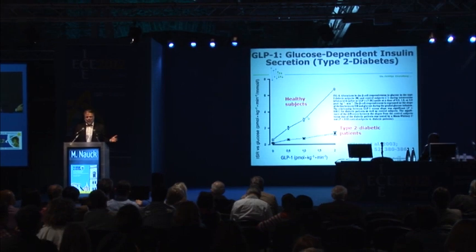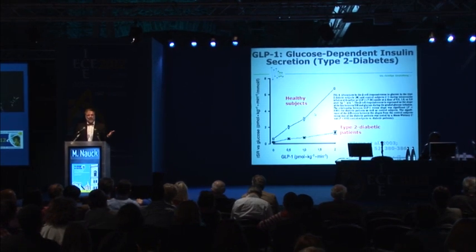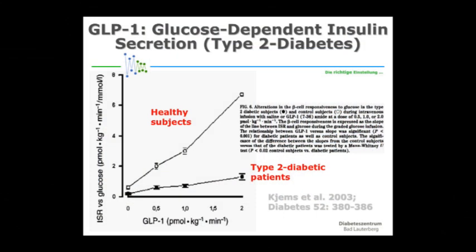So you can conclude that in patients with type 2 diabetes, you only have like 25% of the responsiveness to GLP-1, to exogenously applied GLP-1. So there is some resistance of the beta cell to respond to GLP-1 in patients with type 2 diabetes. But I don't consider this is the important message, and I'll come back to that later.